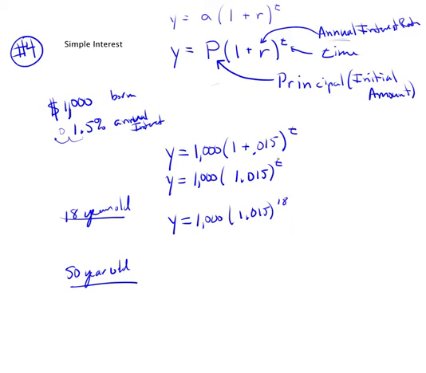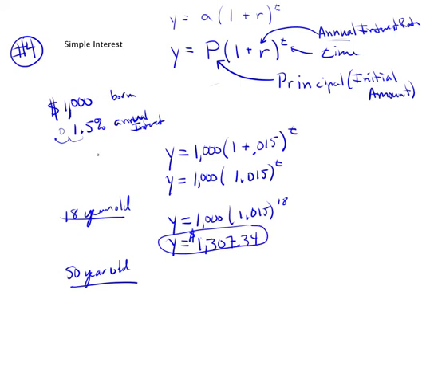Remember, this is definitely a calculator job when we're using exponential growth with the decimals of percentage rates. When we type that into the calculator, we get a pretty big decimal, so we will round it to the nearest penny, which would be $1,307.34 after 18 years.